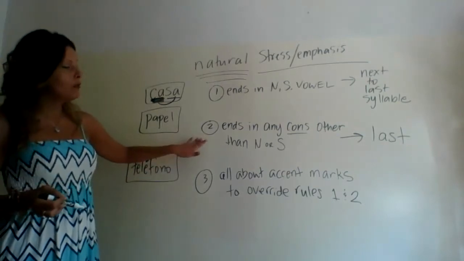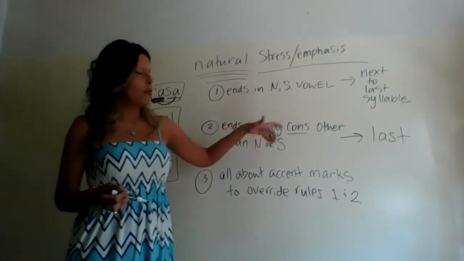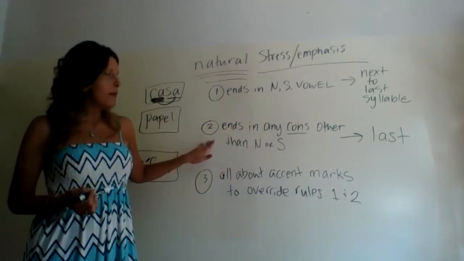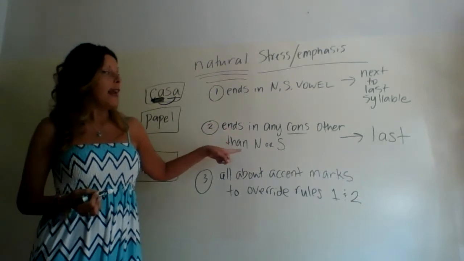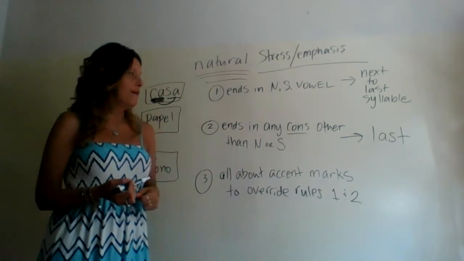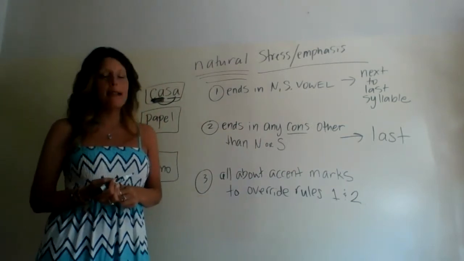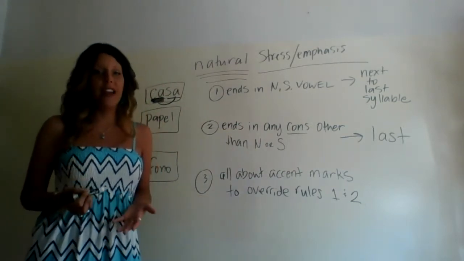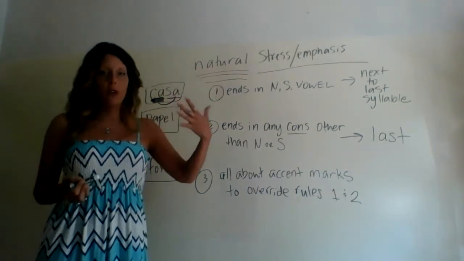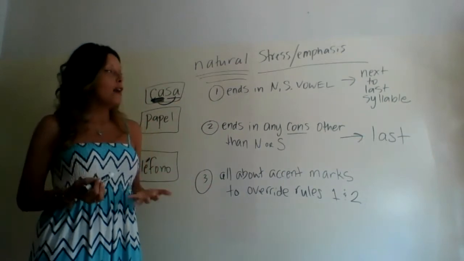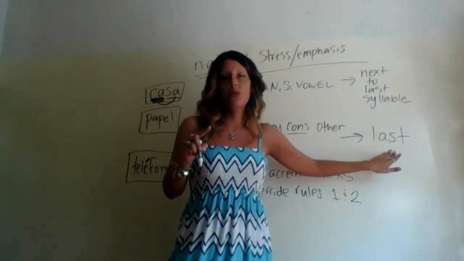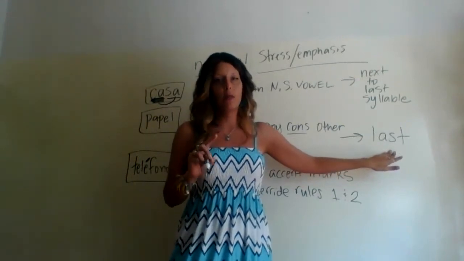Rule number 2 says, and I've abbreviated here just for space's sake, any word that ends in any other consonant other than N or S. So if a word ends in any other consonant other than the N or S, the natural stress or emphasis or oomph or pronunciation of that word, when there is no written accent mark, is going to naturally fall on the last syllable of that word.